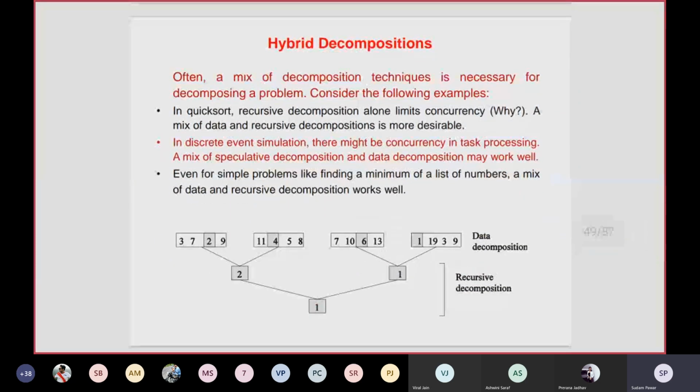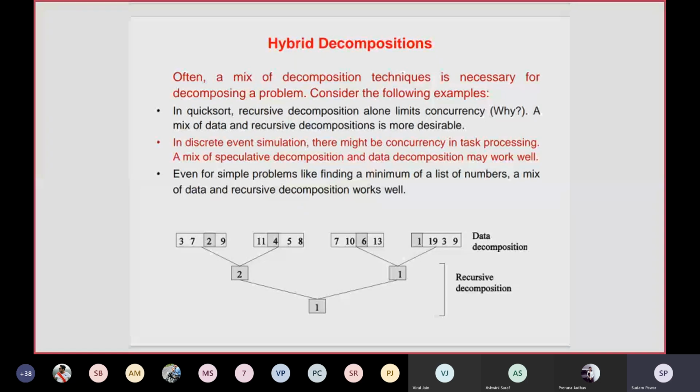Apart from speculative decomposition, hybrid decomposition is also possible, and it will be more beneficial in certain problems like the quicksort algorithm. We have seen using recursive decomposition earlier, but recursive decomposition alone limits concurrency.